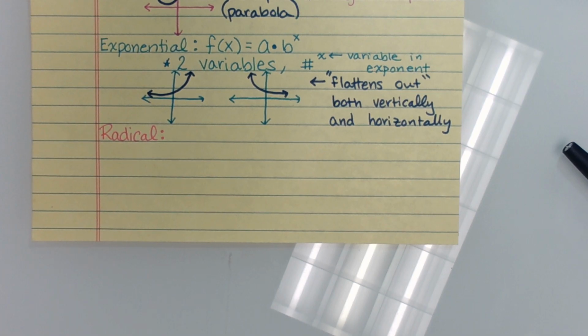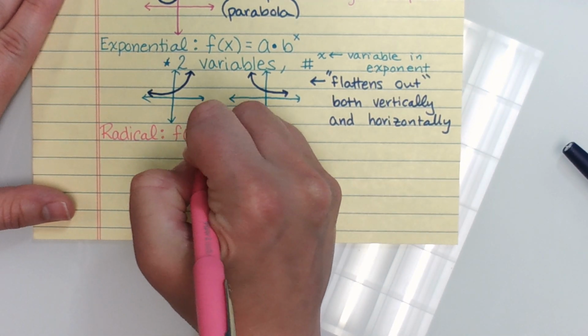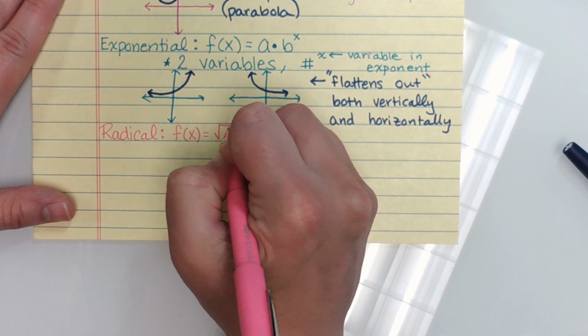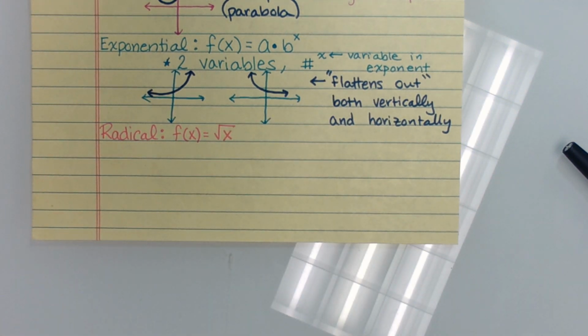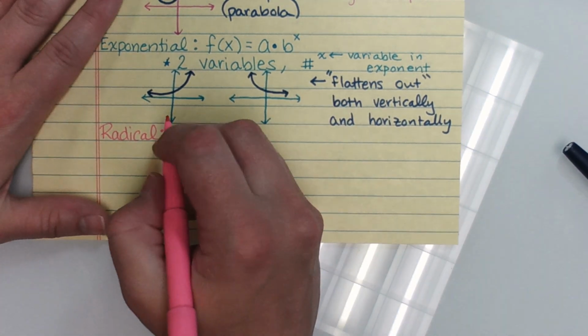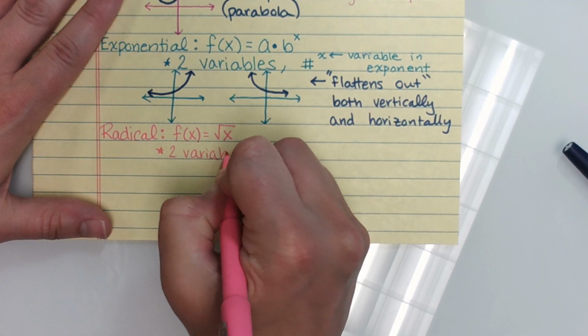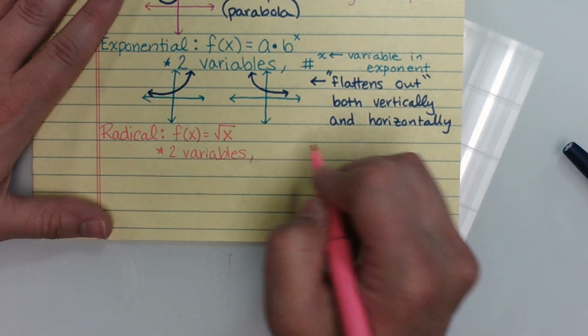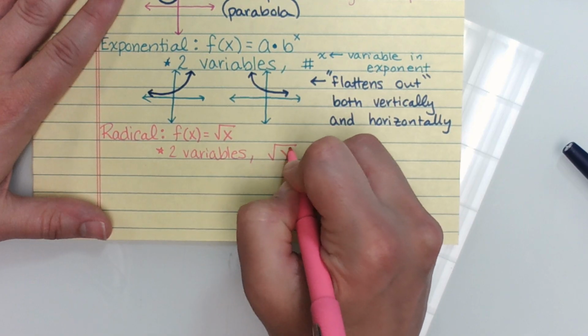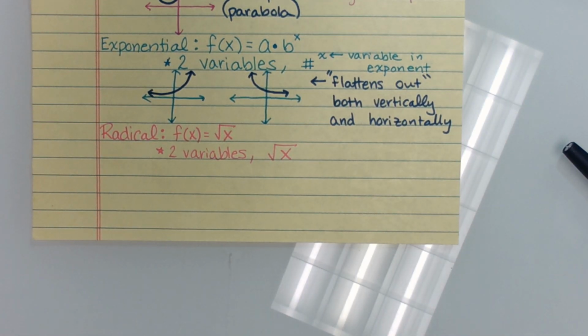The most common family that we see is the square root family. It's going to have two variables. Generally, you're going to have a square root with the variable inside of it.